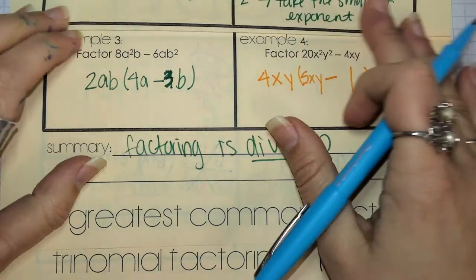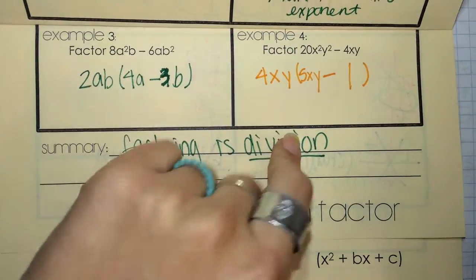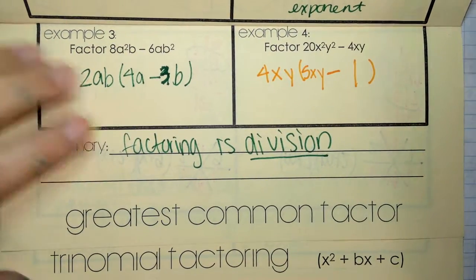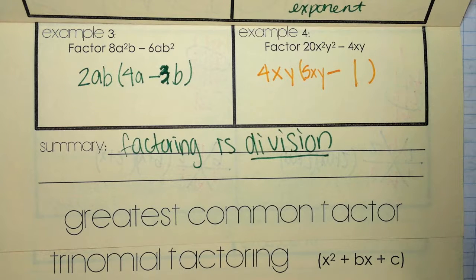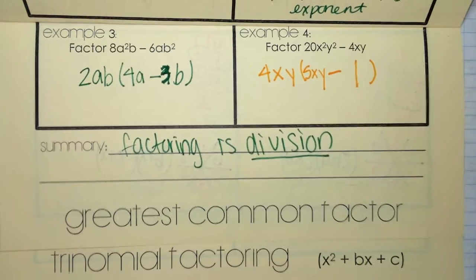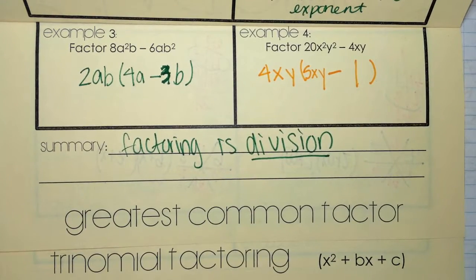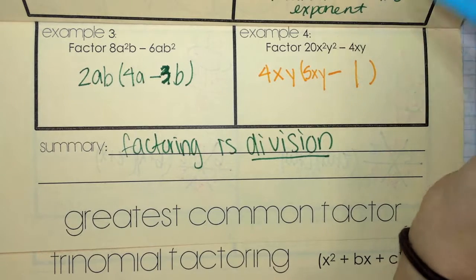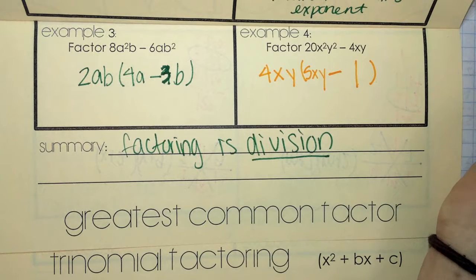Now, what is greatest common factor? It's not just division, but what exactly is the GCF of a polynomial? That's what we do, but I want you to tell me what the GCF is. We wrote it down at the top of our paper, so you should be able to look at your paper and read.